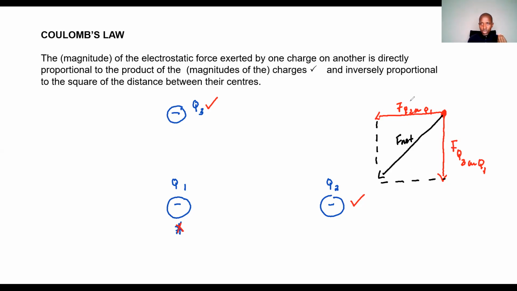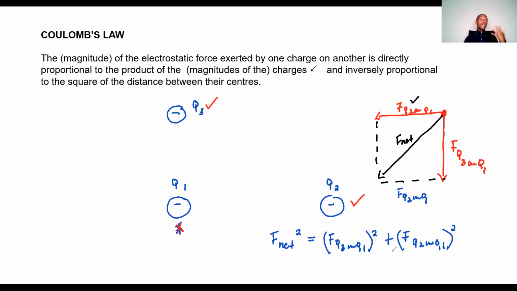There's force Q2 on Q1 right at the top there, and I could also write it in the same manner as force Q2 on Q1, meaning the net force squared would be equal to force Q3 on Q1 squared, plus force Q2 on Q1 squared. Obviously, once you have put your numbers in, you take the square root to get that force.